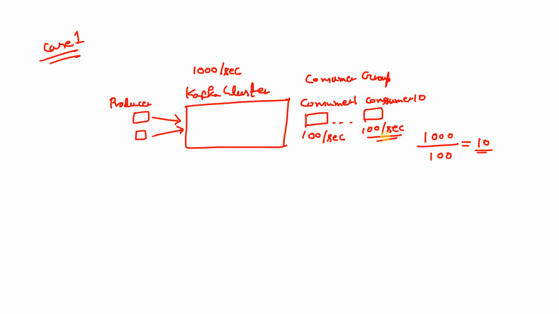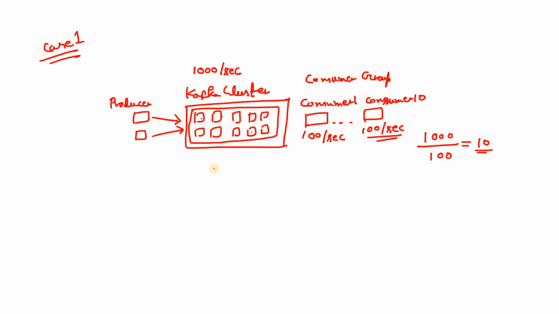Now, to run 10 consumers in parallel, what do we need to do? We need to have 10 partitions within our Kafka topic. That way we can achieve maximum parallelism. Suppose this is our Kafka topic with partitions 1, 2, 3, up to 10; these small boxes are partitions.